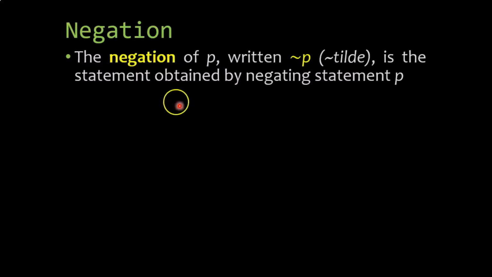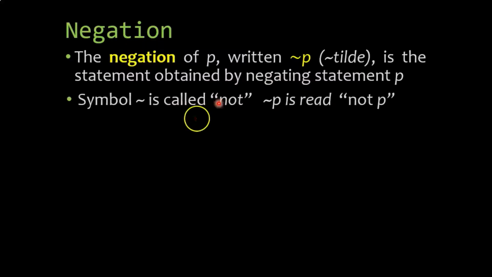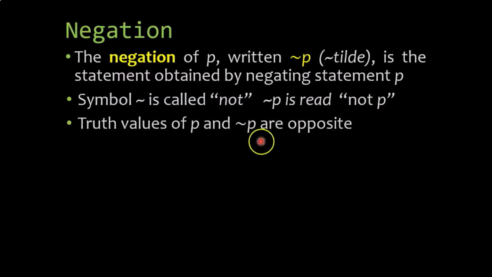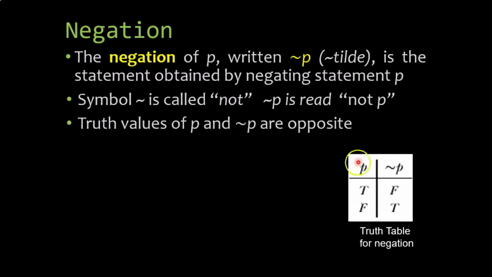Negation. The negation of P, or tilde P, is the statement obtained by negating the statement P itself. We use the symbol tilde, which can be read as not P. Truth values of P and not P are opposite. This is the truth table for negation.